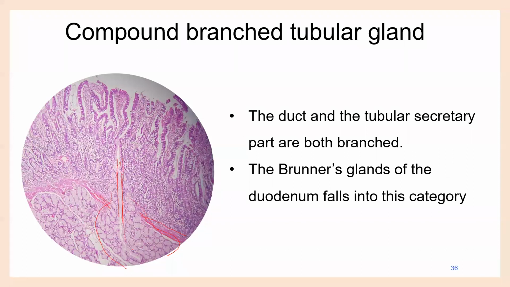All right, so you don't really see the branching here, but here you can see a little bit of the branching of the duct as well. So the duct and the tubular secretory parts are both branched. This is a compound branched tubular gland, and that is Brunner's gland. It is actually the largest type of gland, which can secrete the most mucus.